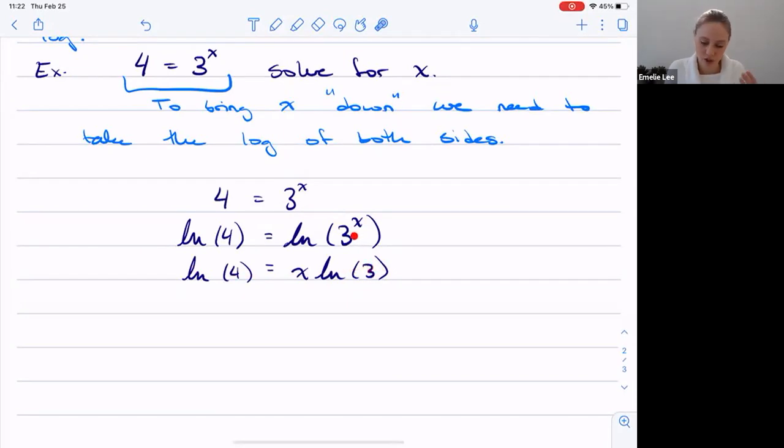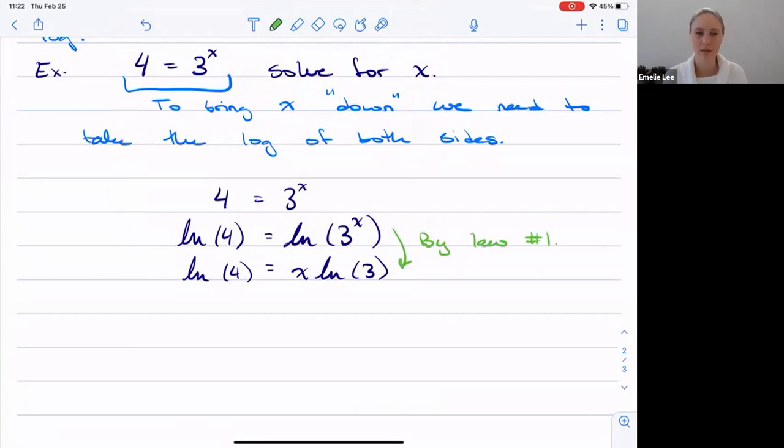You don't need to show this step, but I want to show it because it's our first example. So here I'm moving from the second line to the third line by law number 1.